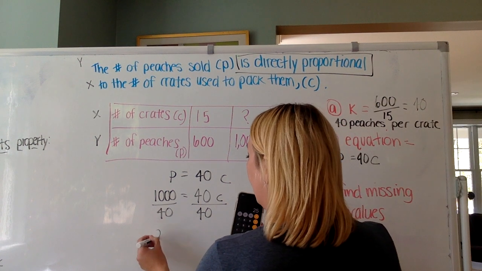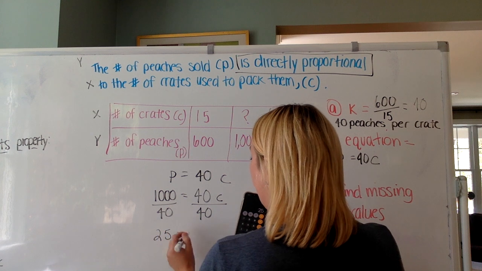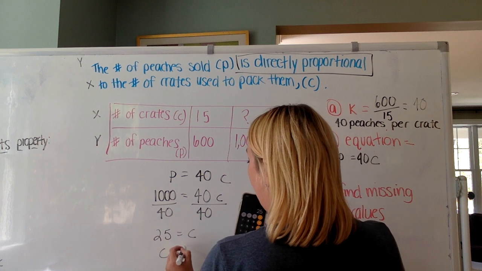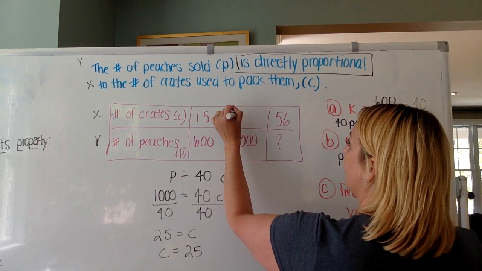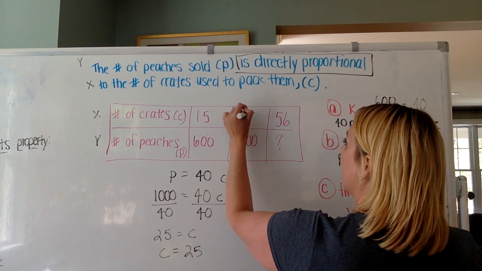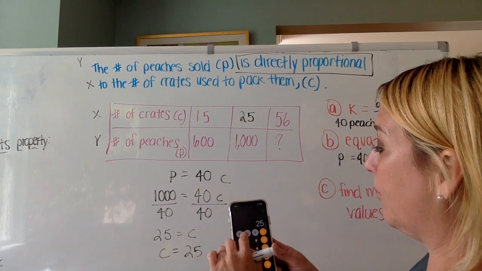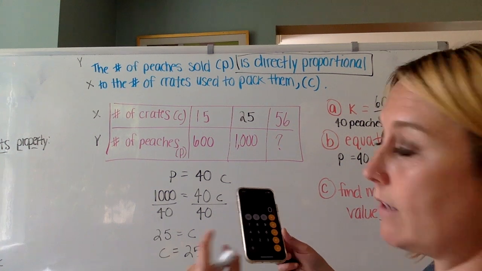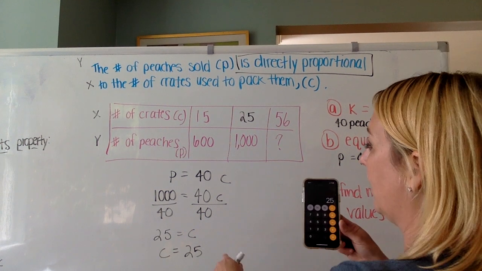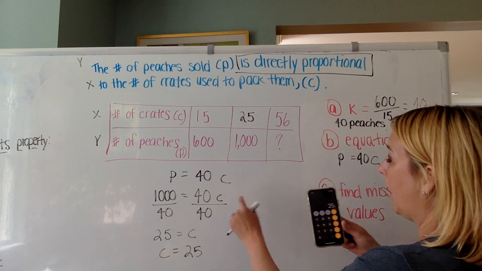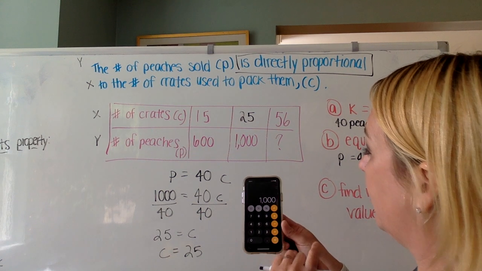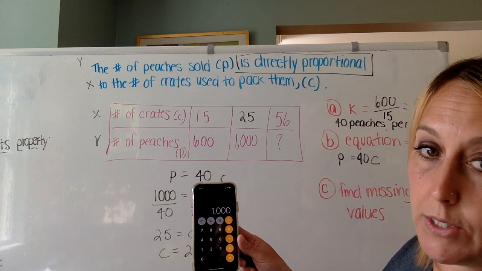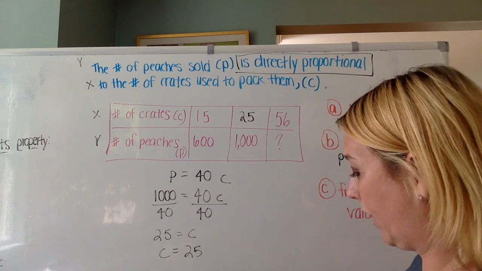So there are 25 crates. And I can double check. If I was taking the algebra placement test, I'd want to double check my work. How do I do that? Hopefully 25, our number of crates, times our constant, 40 peaches per crate, will give us 1,000 peaches total, and it does, so we know we did it correctly.